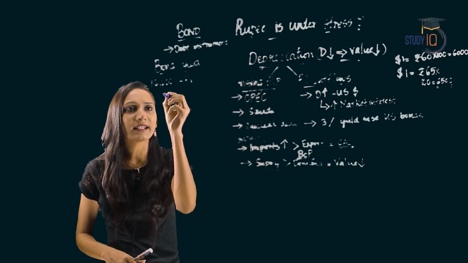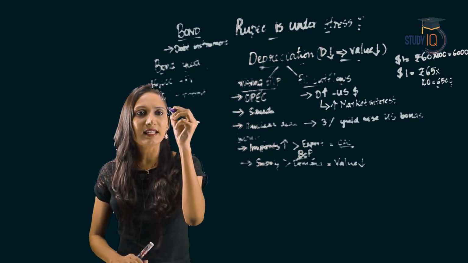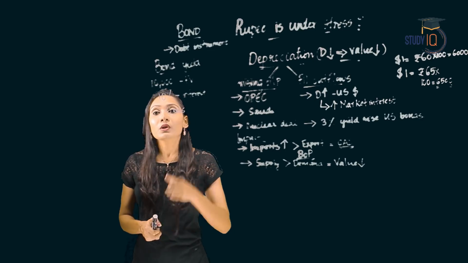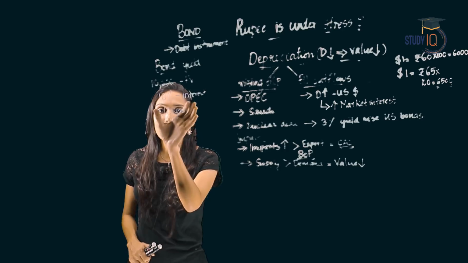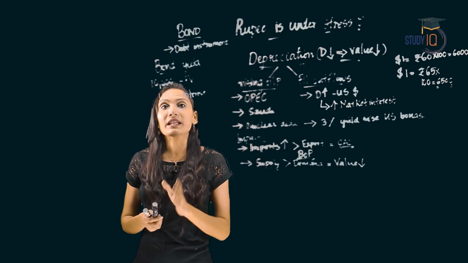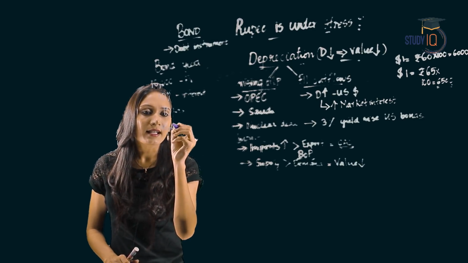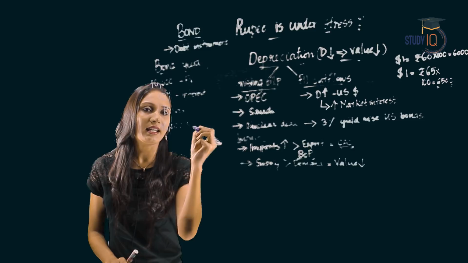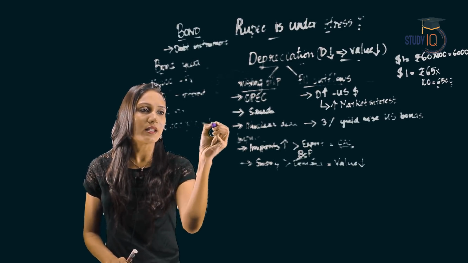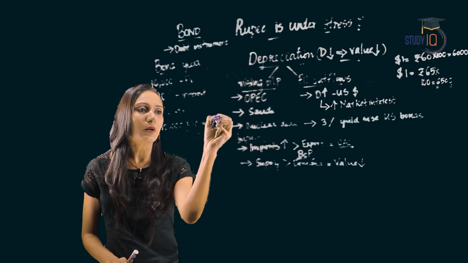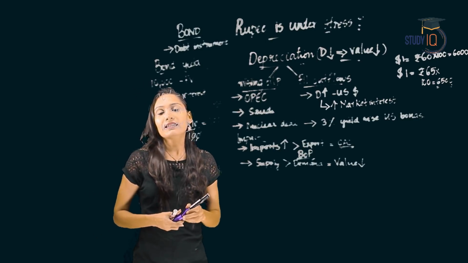Let us assume the interest is 10% and the maturity is 10 years. So the face value is 10,000 rupees, interest is 10% and maturity period is 10 years. What will be the bond yield? 10,000 into 10 divided by 100 is 1,000. So the bond yield will be 1,000, the rate of interest.